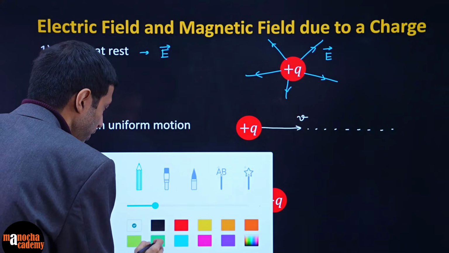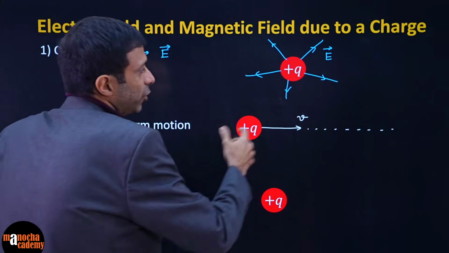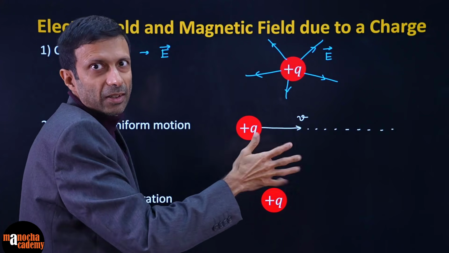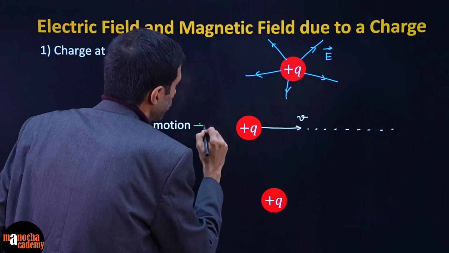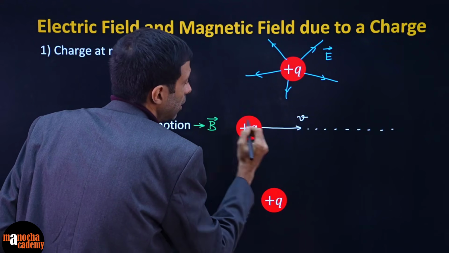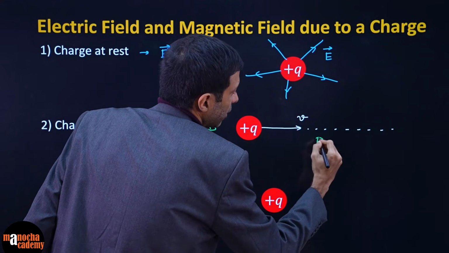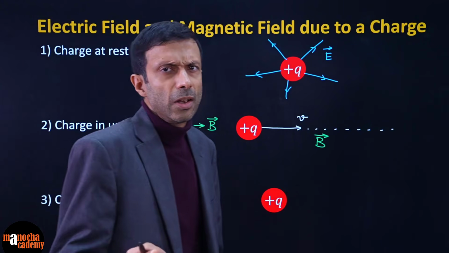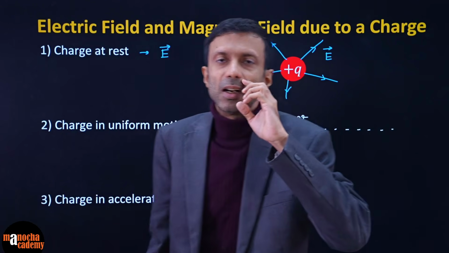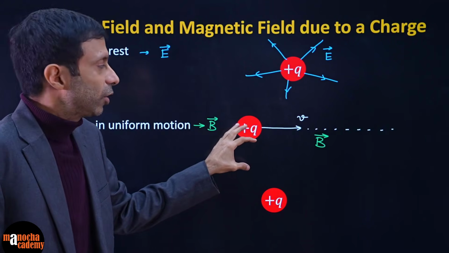Current produces a magnetic field around it, right? So there is going to be a magnetic field, which we can decide by the right hand thumb rule. So we can clearly see that a charge in motion will produce a magnetic field around it, which I denote by the symbol B. Do you agree? Now you'll ask, will it have an electric field around it also?